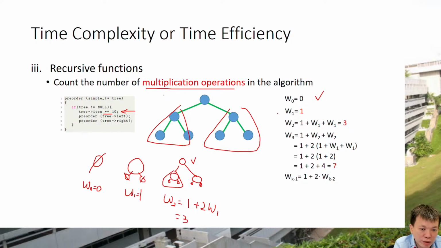So you can see I'm going forward from W equal to 0. When my problem size is 0, nothing, empty. Then level 2, level 3, and then when my tree has k minus 1, the height is k minus 1, then I need to calculate 1 plus 2 times Wk minus 2.